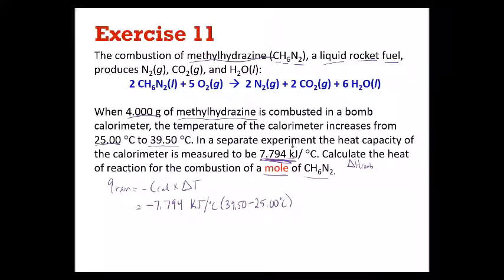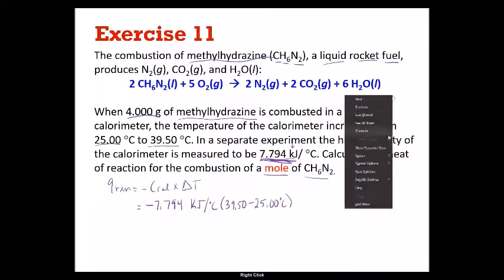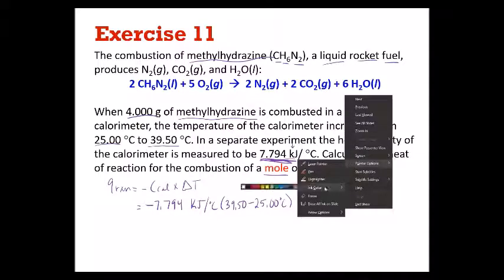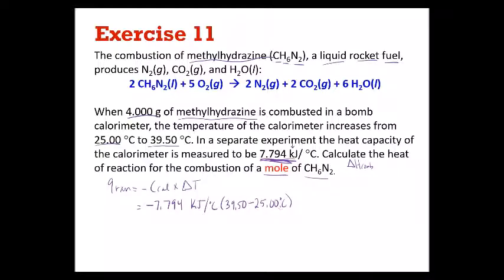This is going to give us our Q reaction. What you should notice, of course, is that the degrees cancel, so we're going to end up getting kilojoules over here. And because they put this negative in front, it already changes the sign for us. We know it's exothermic because the temperature increased here, but it already changed the sign for us, so we don't have to do the changing of the sign here.